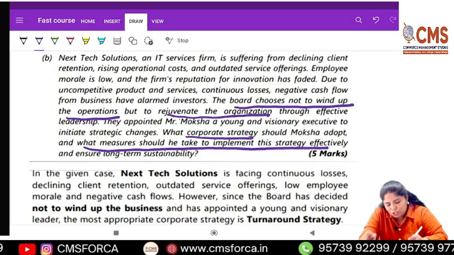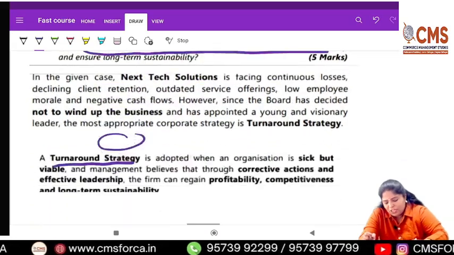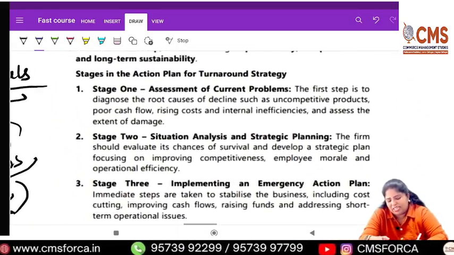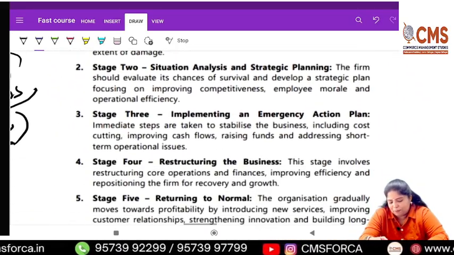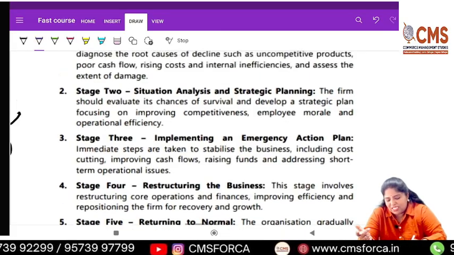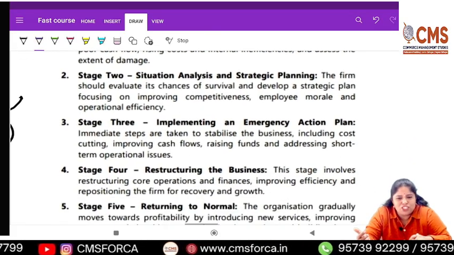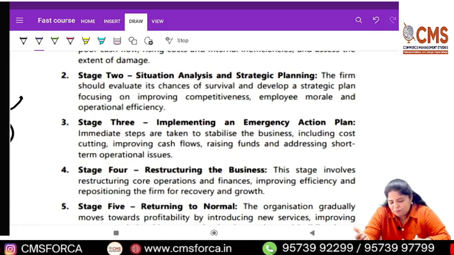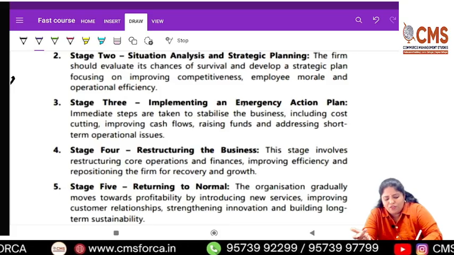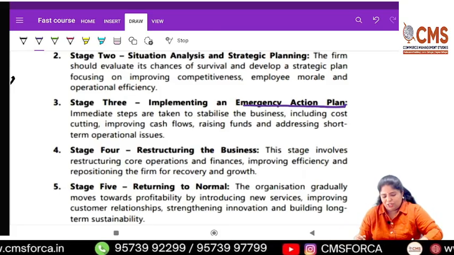So which strategy helps in reviving from the decline phase? Turnaround. And towards the turnaround strategy, what measures should they take? You should explain all the stages of the turnaround strategy. What is stage 1? Assessment of problems. What is stage 2? Analysis and planning. Then you go with the emergency action plan. Then you try to restructure your business.